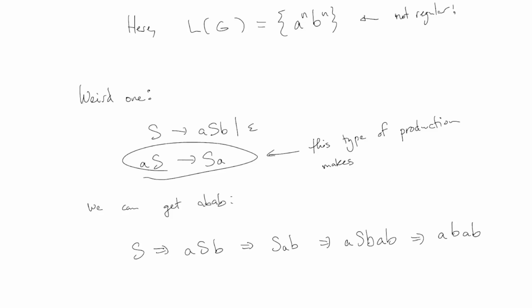So this type of production makes it hard to understand. For that reason, most of the examples we do are not going to have this type of production in them, because we actually have plenty to talk about even without using weird production rules like that.